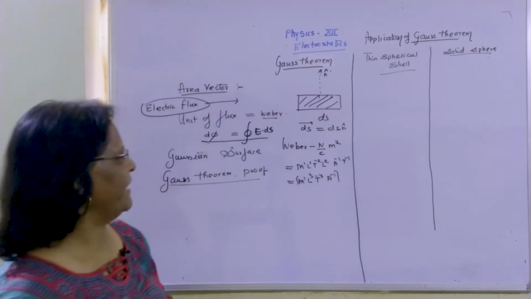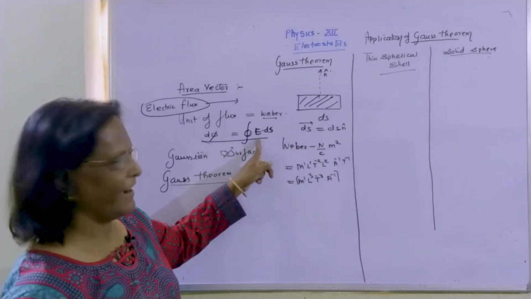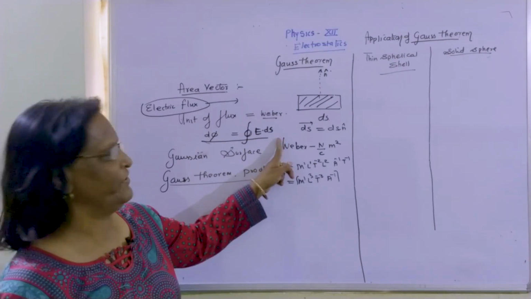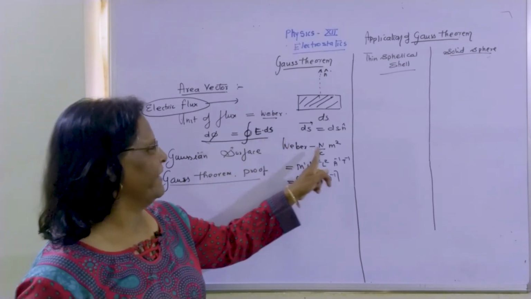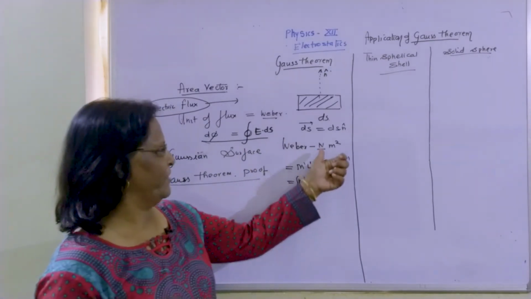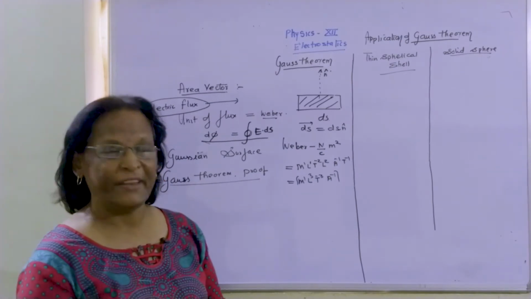Once again, when we are dealing with electric field into area vector, that is the basic fundamental formula. Electric field can be represented as force per unit charge, so Newton per Coulomb. ds is the area here, so we are using meter square.